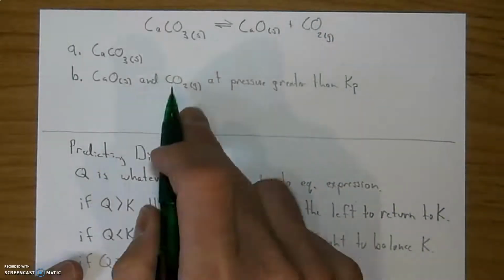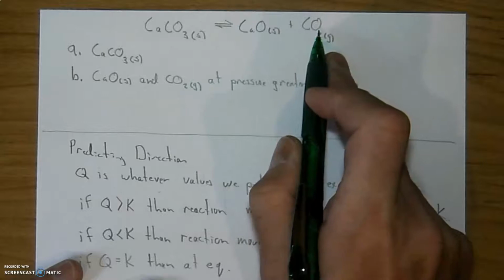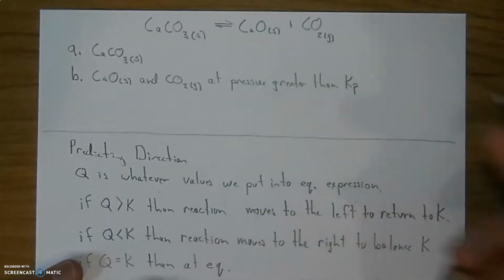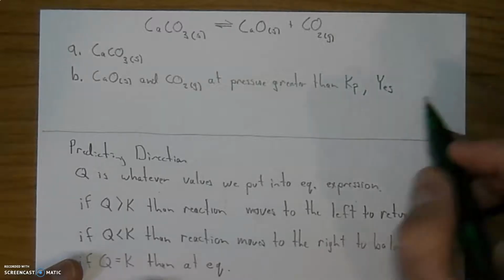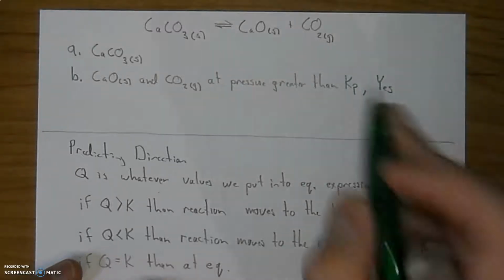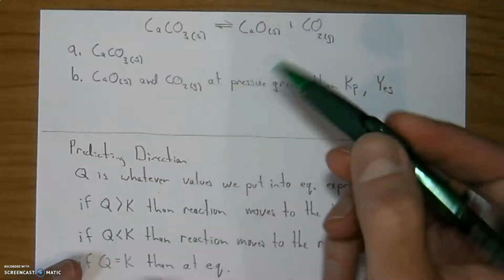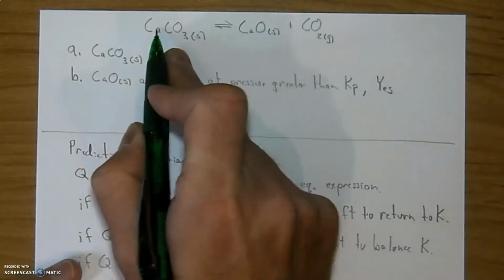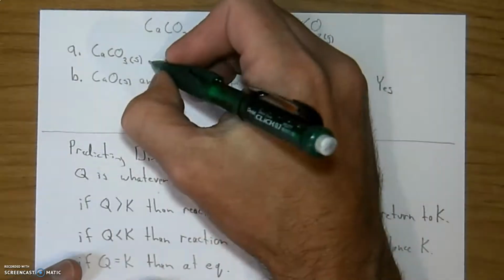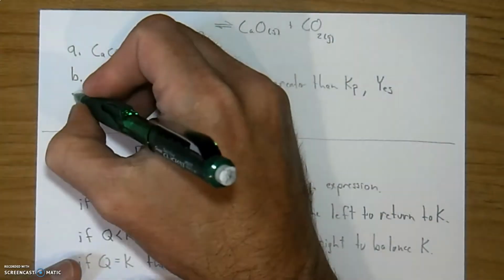I've got both of the products present, and my pressure is something greater than the carbon dioxide pressure at Kp. The answer is yes, you will establish equilibrium, because my Q, if you will, is too large. I need to shift in the other direction to alleviate that pressure. So I will form more of this, and I will shift to the left to re-establish equilibrium. These are tricky questions. You probably have to go over them once or twice.